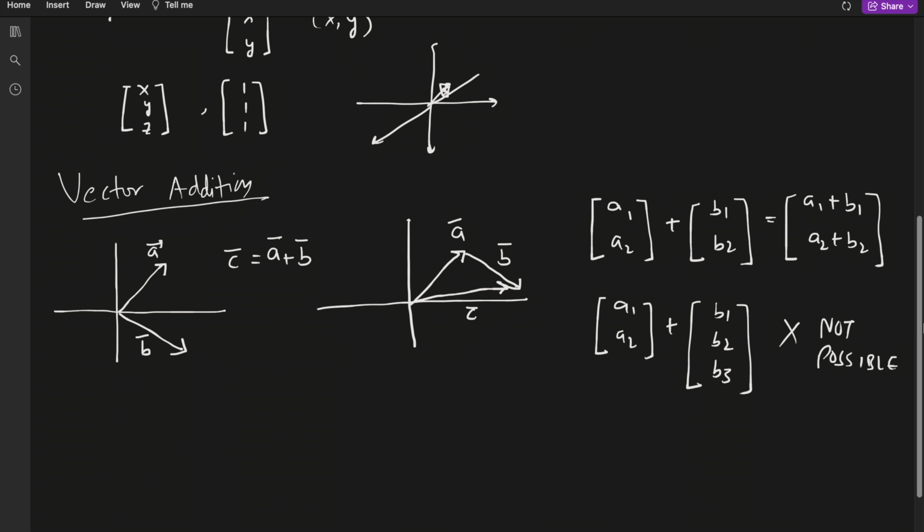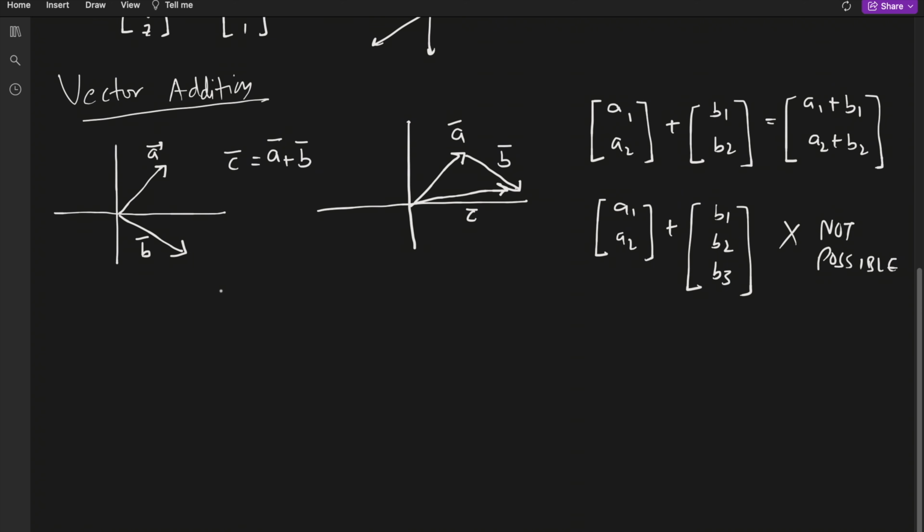Right? So this is vector addition. There are two interpretations. One is this normal column vector representation, where we just add the x component, add the y component, and this scales to any dimension. If we have 3 dimensions, then we add all the elements across the dimension. So we will add all the x components, all the y components, all the z components.